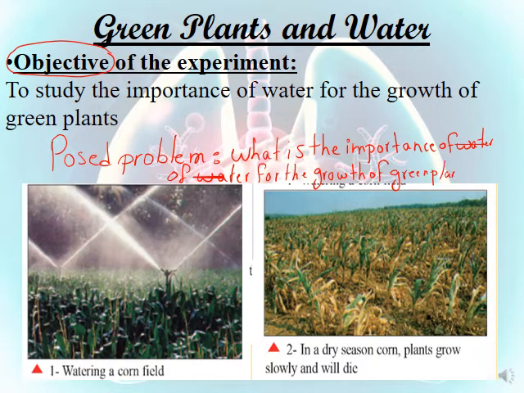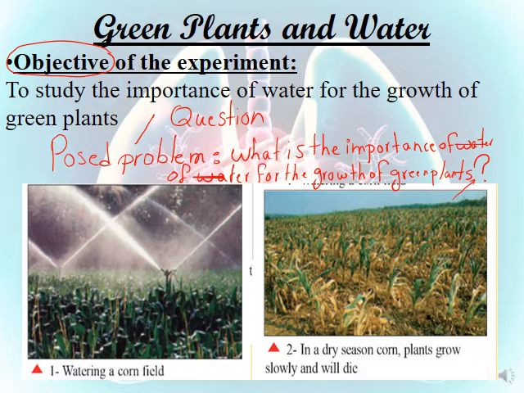Okay, so this is the posed problem, and don't forget you have to put the question mark. So the posed problem is in the form of a question, and it's similar to the aim, but it should be written in the form of a question, and you don't have to forget the question mark. This is the posed problem.